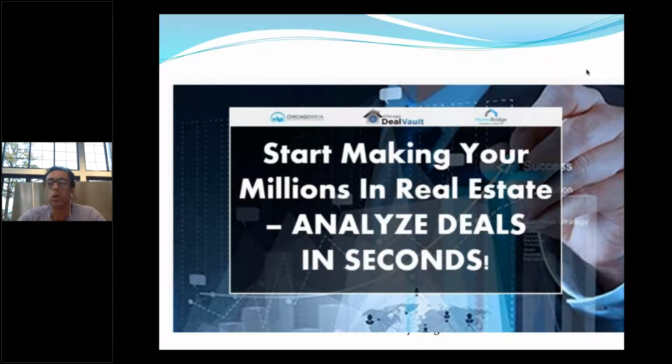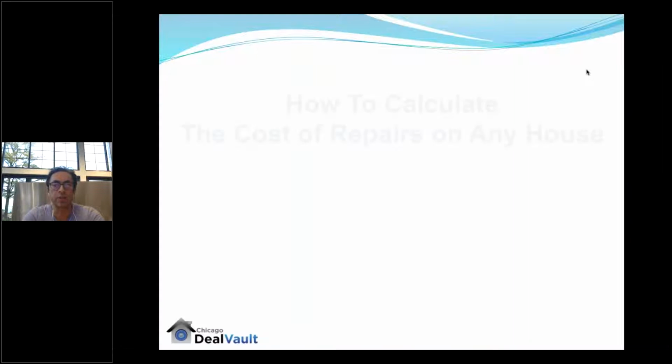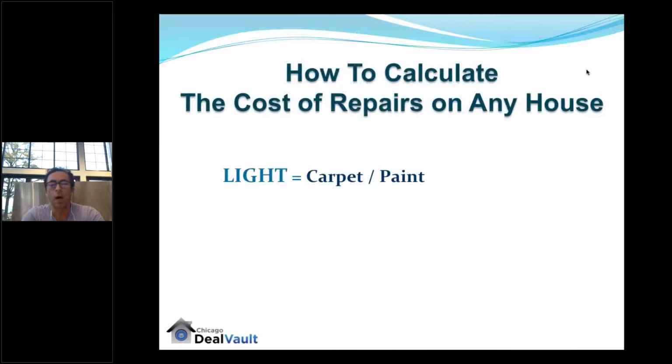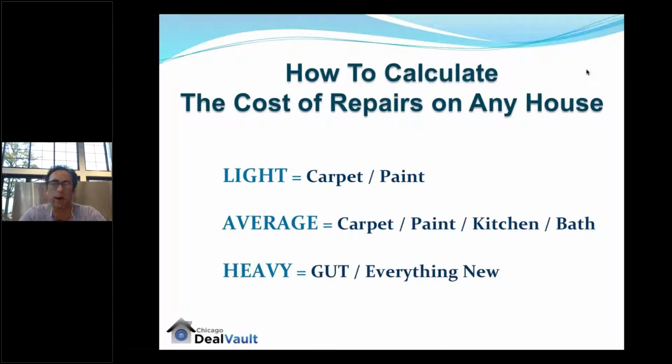Step number two, you've got to know the square footage, because based on the square footage, you are going to run the cheat sheet that we're going to give you next. On this slide, we're going to categorize the rehab into 3 types: light, average, and heavy, right? So I want to make sure that you focus on properties that are either light or average, and that's about it.